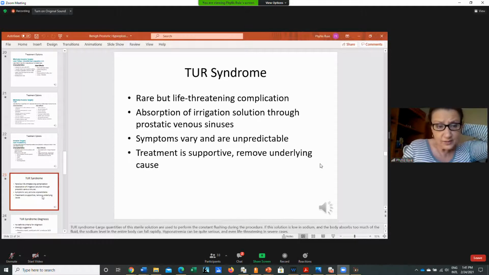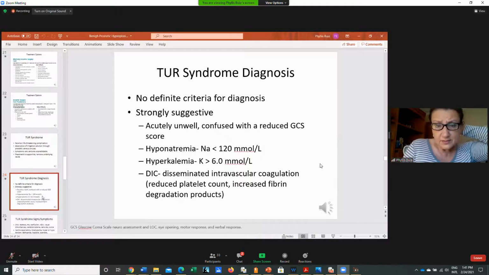And so basically the treatment for this is to stop the irrigation if we possibly can. Unfortunately, there's no definitive diagnosis. We just have to look at the sodium to see if it's less than 120, and their potassium may also be elevated.